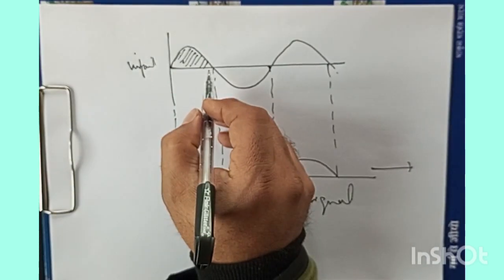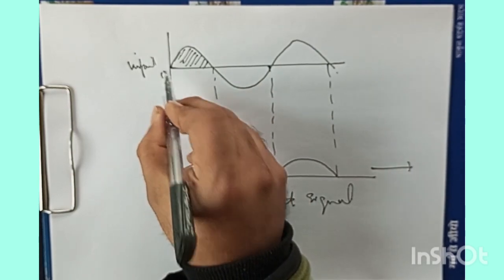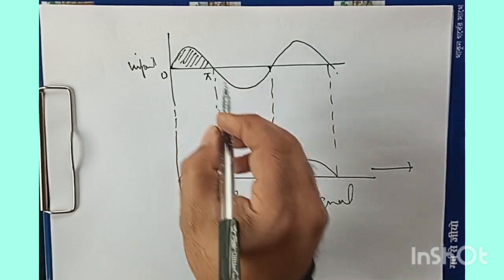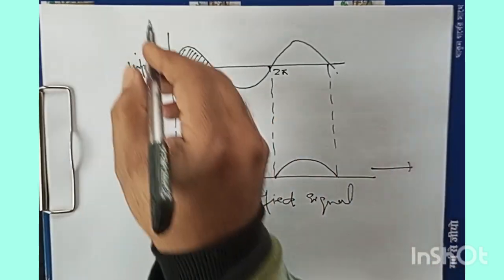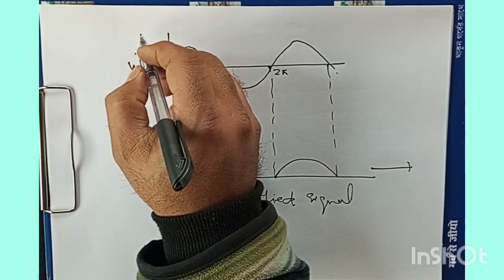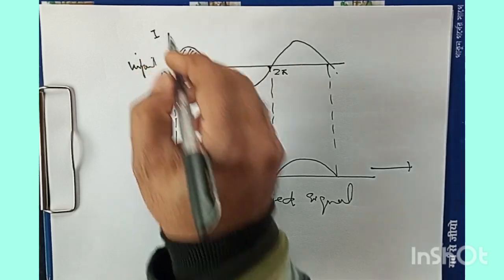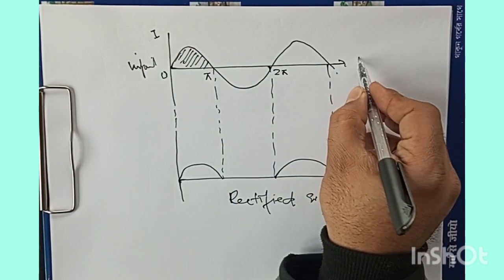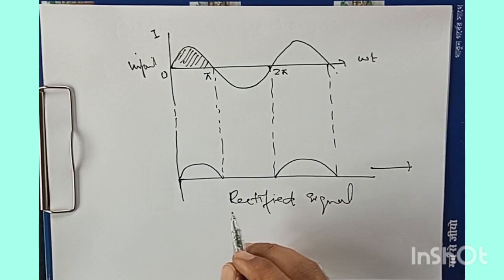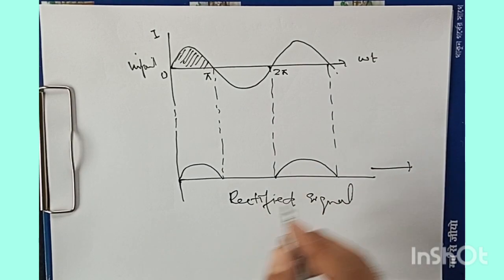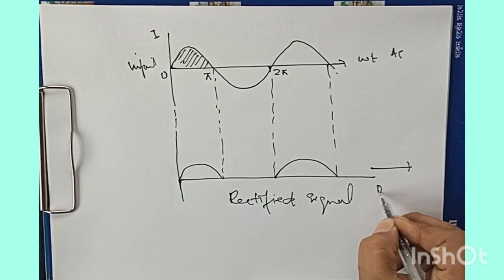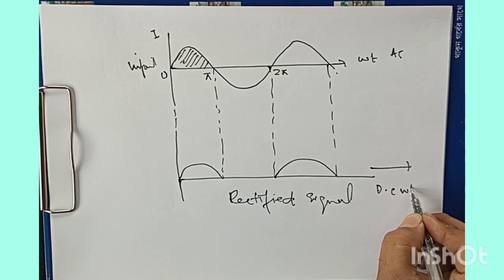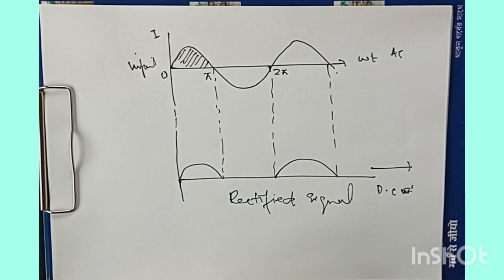You can have this 0, then certainly this will be pi, then this will be 2 pi, and so on and so forth. And here if I choose this as current, and this as omega t, right? So here we have AC, and here we have DC output.